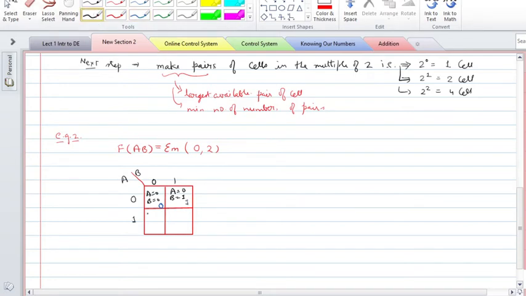For this cell A is 1, B is 0, so the decimal value is 2. And for the last cell, A is 1, B is 1, so the decimal value is 3. As it is a 2 variable K-map, the values range from 0 to 3. So you can directly fill up this K-map using these values, like this.